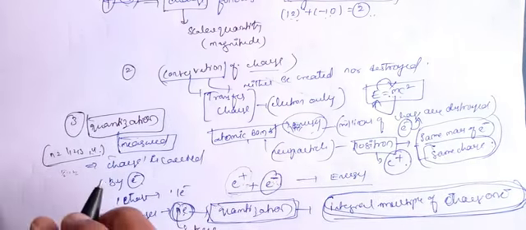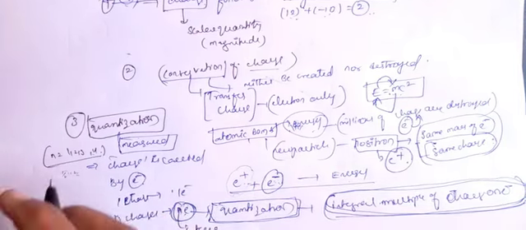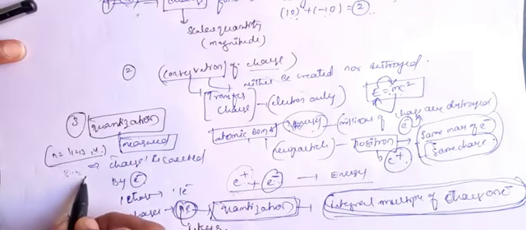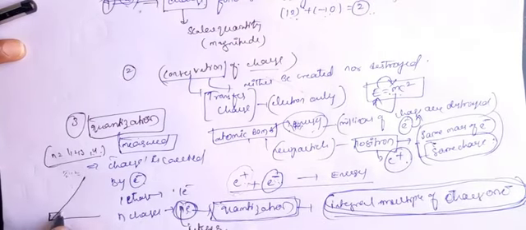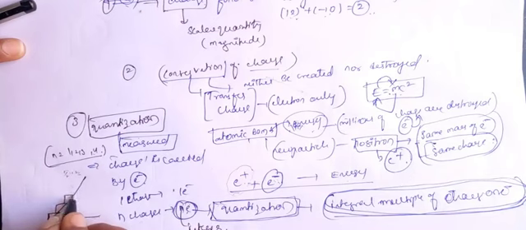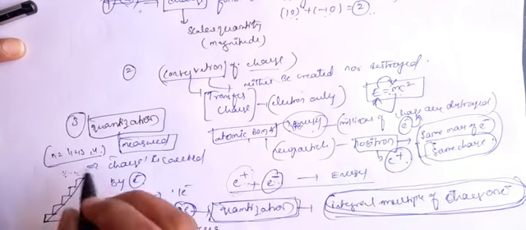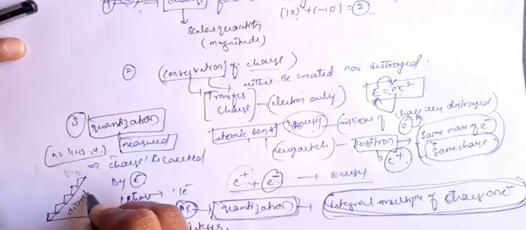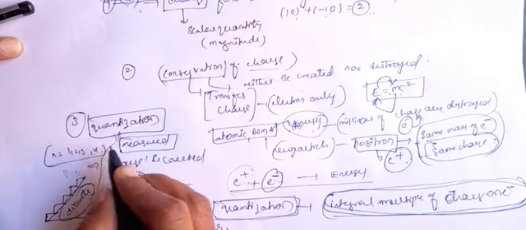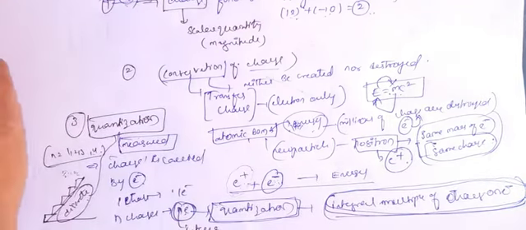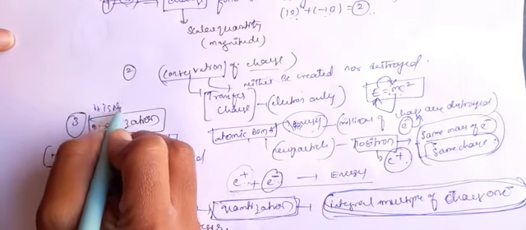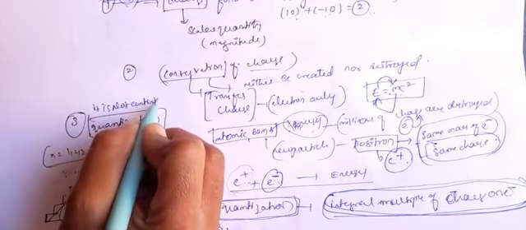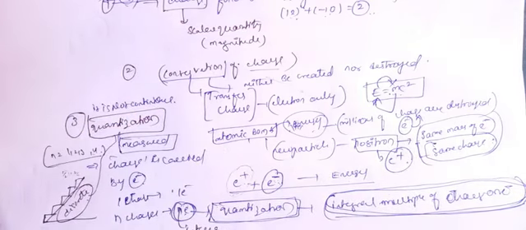So we can measure the charges in a discrete manner only, 1, 2, 3, 4, 5 like this. We can't measure the charges in a continuous way. It is not a continuous process of measuring the charge. It is the discrete one.